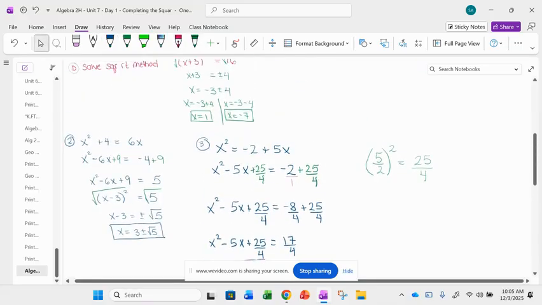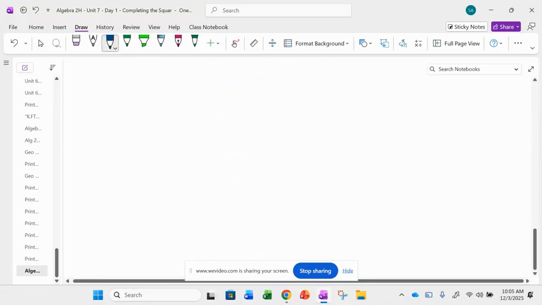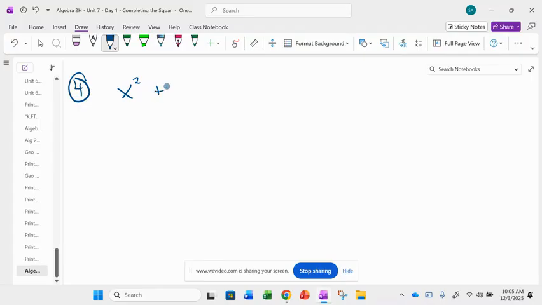So what number is this up to? 4? So I'm going to have x squared plus 6x root 5 plus 40 equals 0. Don't be scared of that root 5.